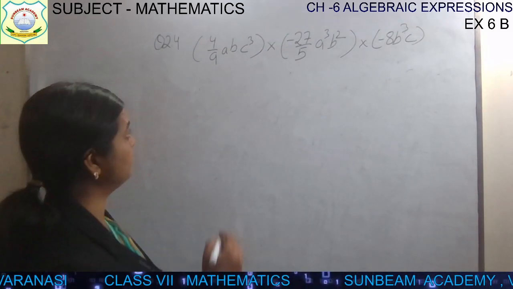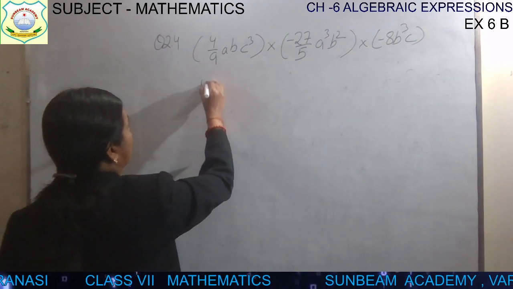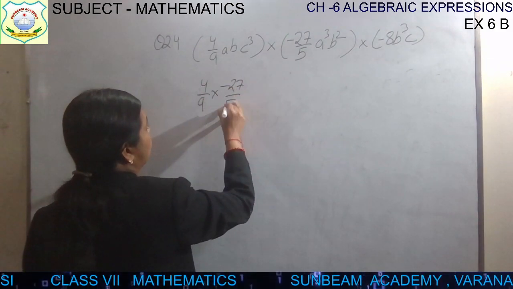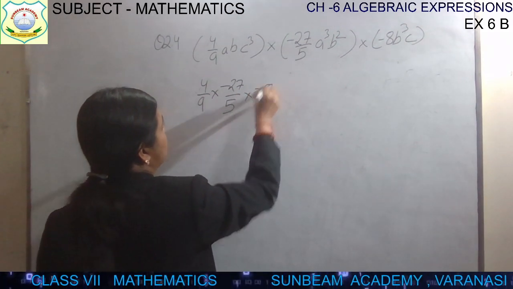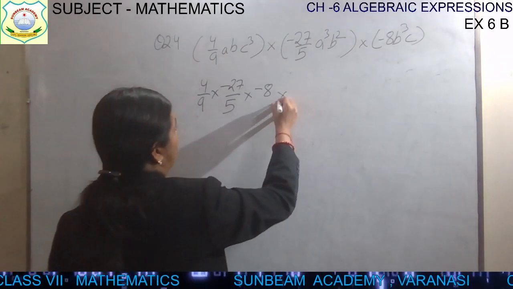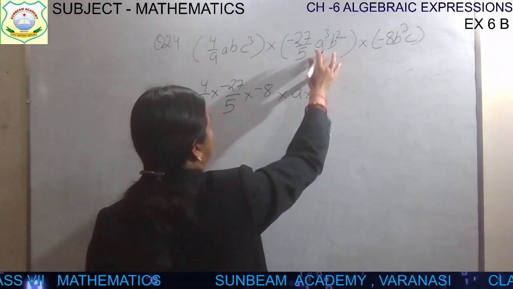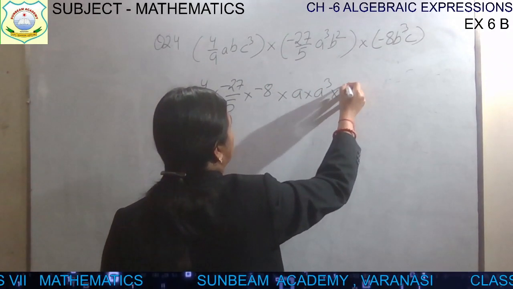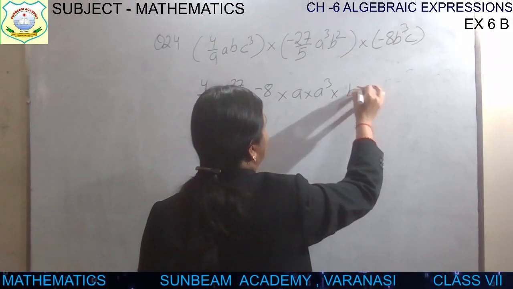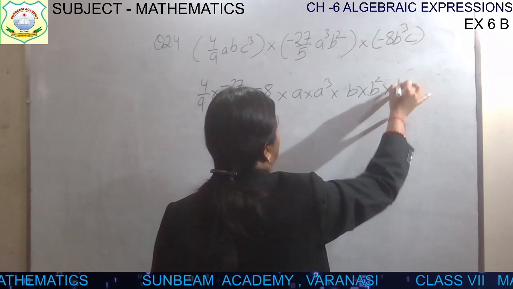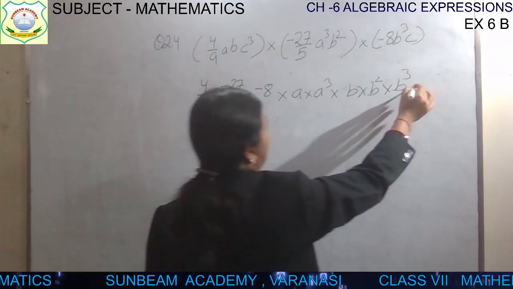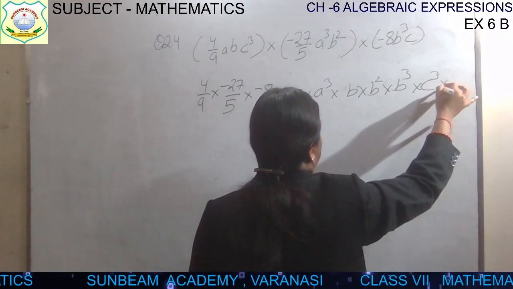So now let's see this. First we will multiply it, children. How you will multiply? 4 by 9 into minus 27 by 5 into minus 8. Collect all the numbers at one place. Now variable a into a cube, no a is there. Now b into b square into b to the power 3, and c cube, and one more c is there, c cube and c.